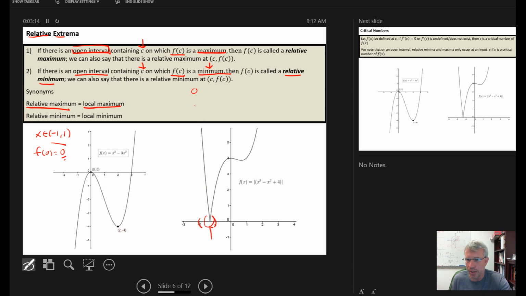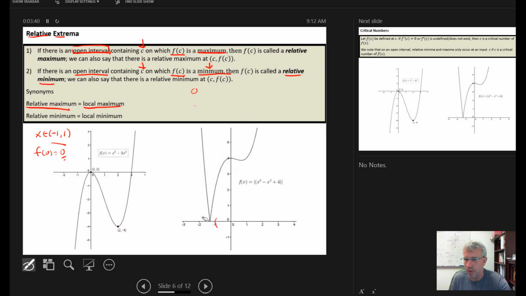That is the relative minimum on that open interval. I could then run the graph from, say, -1 to 1, and over just that interval there's a highest point right here, and that's a relative maximum.